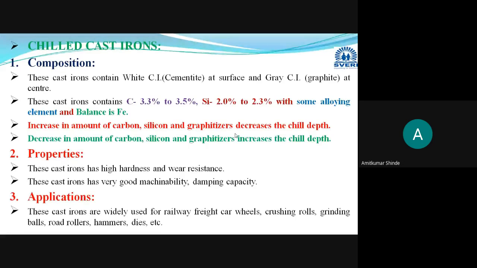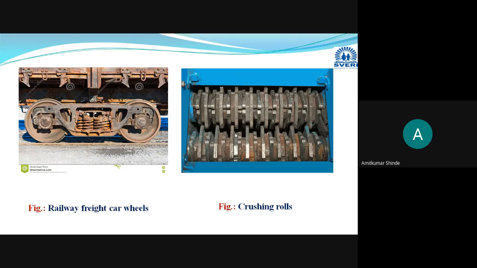These cast irons are widely used for manufacturing railway freight car wheels, then crushing rolls, grinding balls, road rollers, and different types of hammers and dies. Now, what is the meaning of railway freight car wheels?